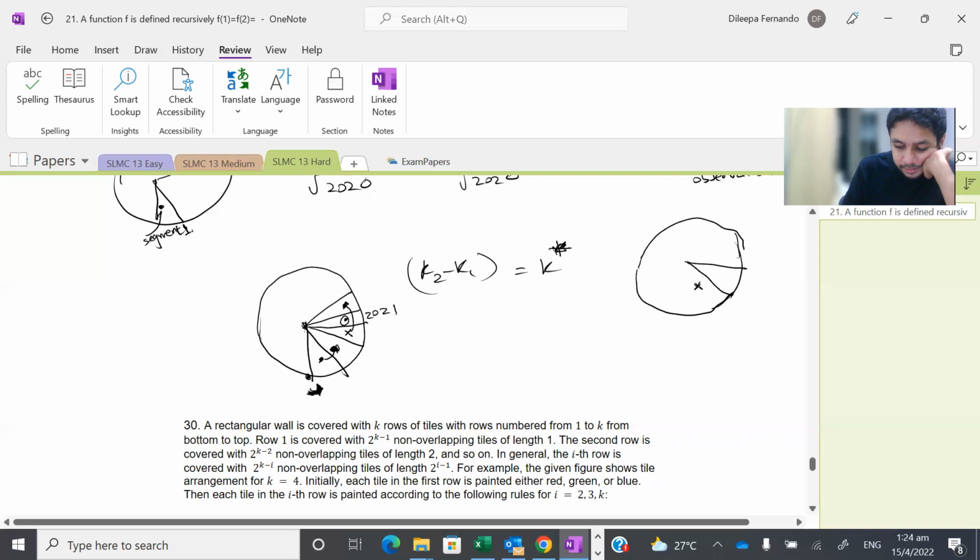So after this number, if you miss this segment, the next number should be inside the other segment. But the difference between these two is greater than the segment size, which cannot happen.